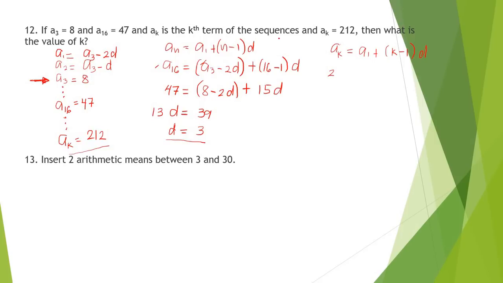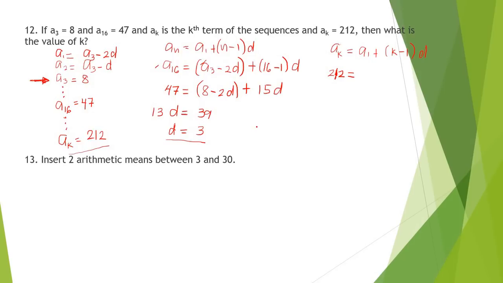Okay, ak is 212, equal to our a1 plus k minus 1 times d.